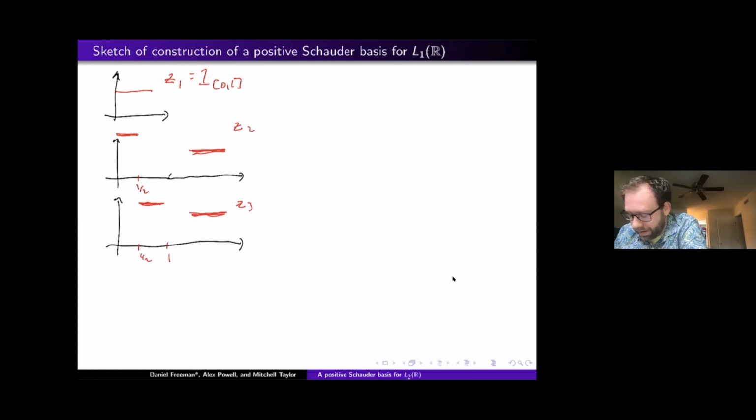And so the idea is the Haar vector is contained in the span of Z2 and Z3, because if you just look at the difference, divided by 2, you're going to get exactly the first Haar vector.